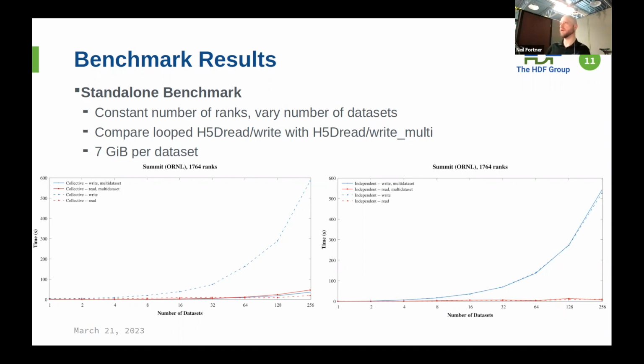The dotted lines are the single dataset, and the solid lines are multi-dataset. This shows how the time needed to complete the operation scales with the number of datasets.